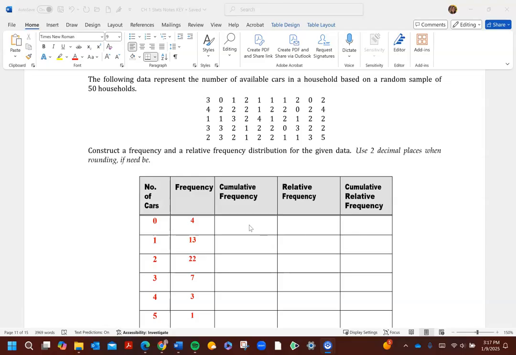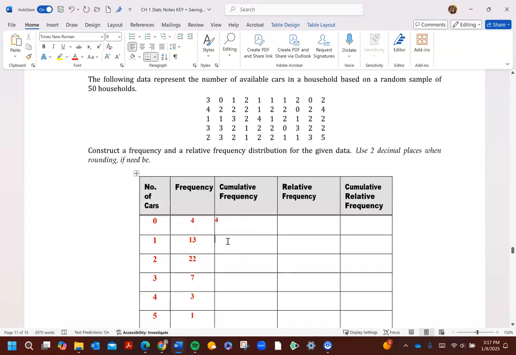So for the cumulative frequency, we would start with 4, and then we would add on what we had prior.